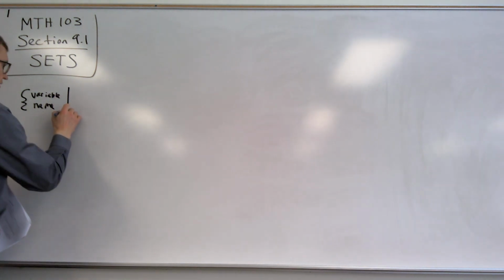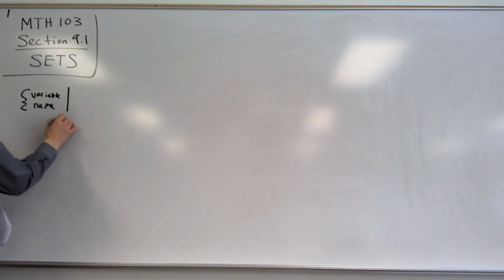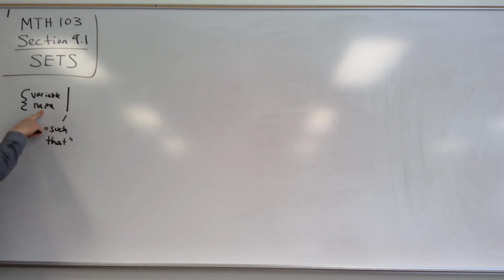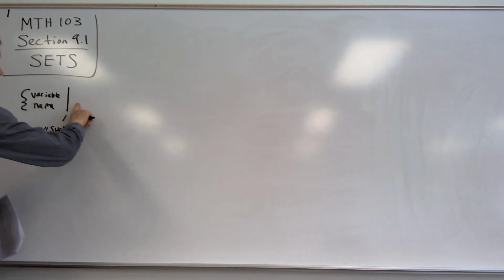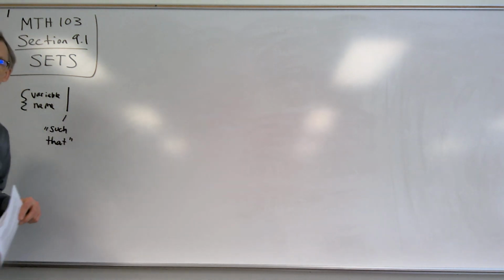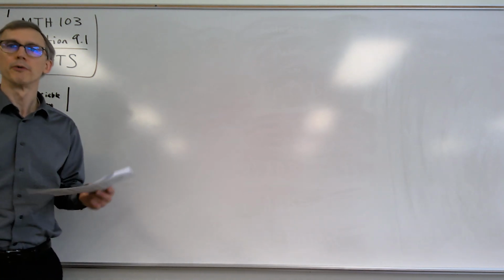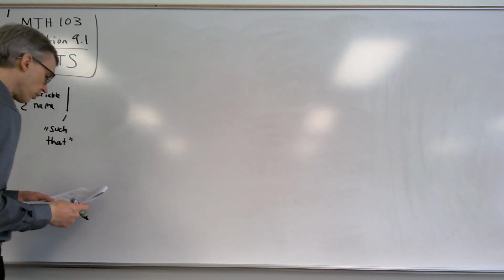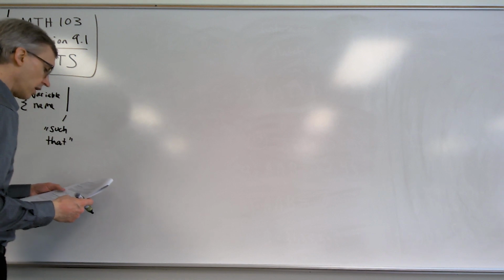And then we write the vertical line. And this is read as such that. So we state the variable x, such that, and then over here are going to be the requirements for x. Usually some restrictions. Usually we don't want every real number. We want to restrict it down to certain numbers. And in this case, we'll be signifying that with an inequality.